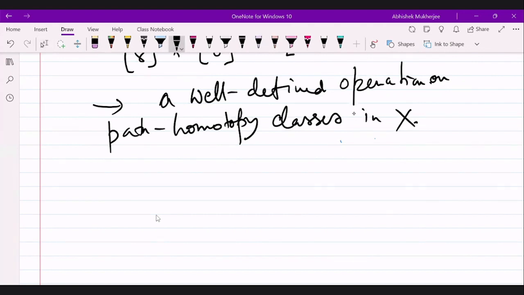So I think I should stop here. Any questions? So tomorrow I will define covering spaces and covering maps, okay, and also fundamental groups.